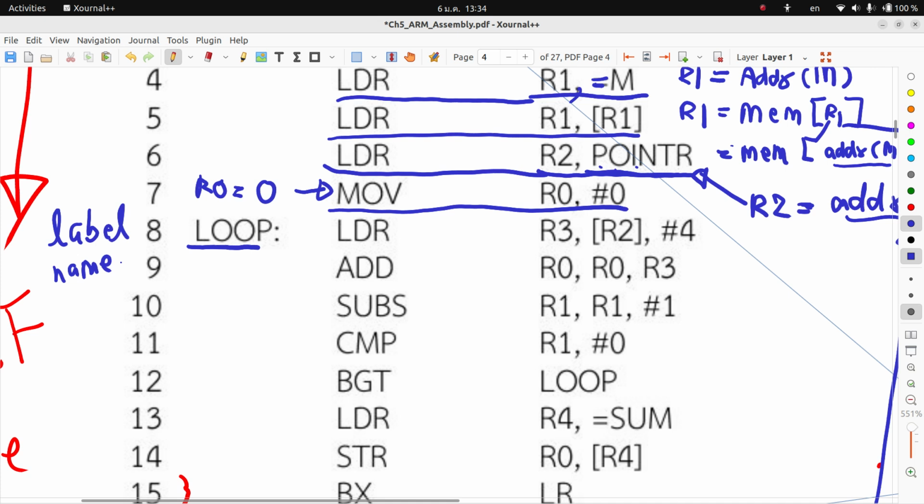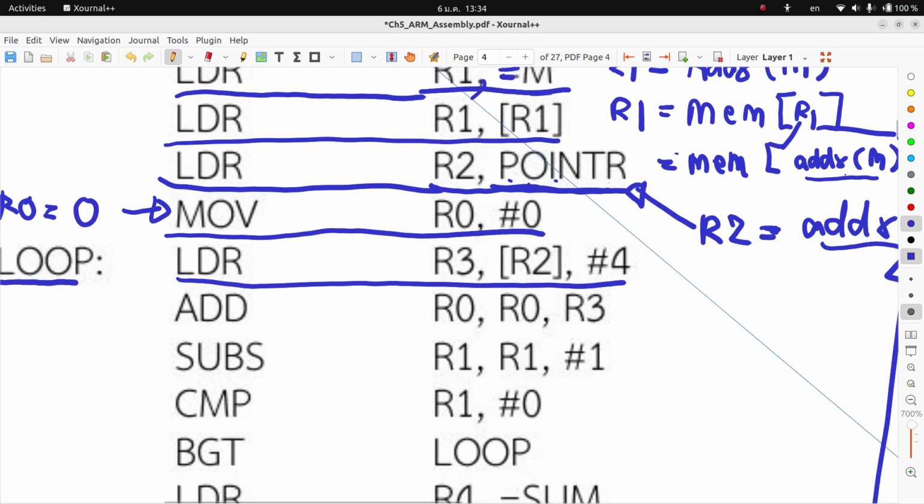Okay? Not a function name. It's just a label name. Okay? And the meaning of this is R3 equals to R2. Okay? And R2 equals to R2 plus 4.